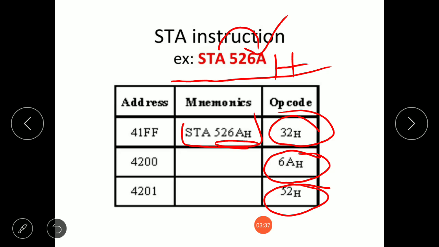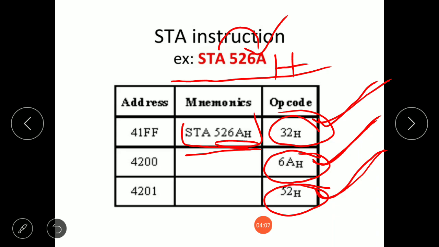Again, first is the opcode, then the lower byte of the address, then the higher byte of the address. In the same way, this instruction gets stored in memory: first the opcode, then the next memory location holds the lower byte of the address, and the next holds the higher byte of the address.